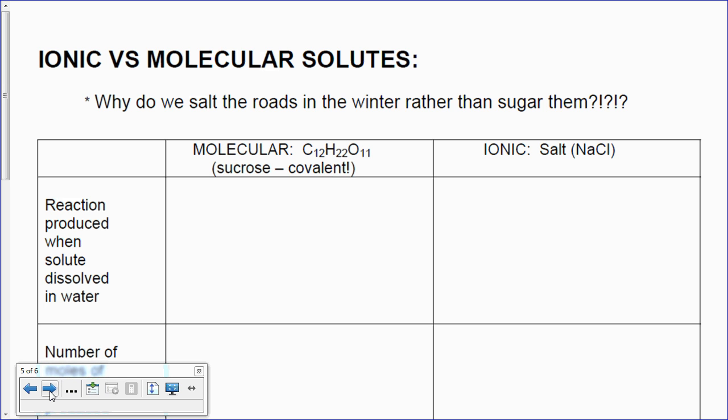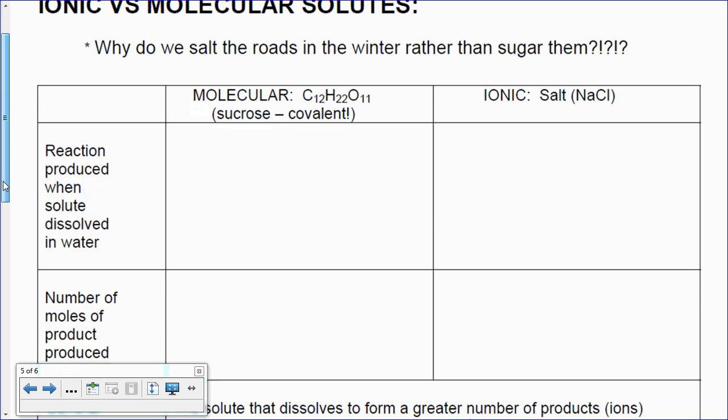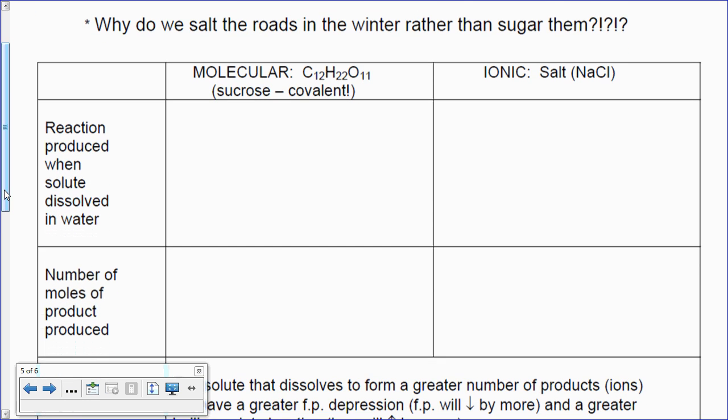Ionic versus molecular solutes. Why do we salt the roads in the winter rather than sugar them? Because if we could add sugar to the roads, it would do the same thing, but why do we add salt and not sugar? Well, the reaction produced when solute is dissolved in water. So when we add sugar, sucrose, a covalent molecule, not an electrolyte, to water, we get C12H22O11 plus H2O.